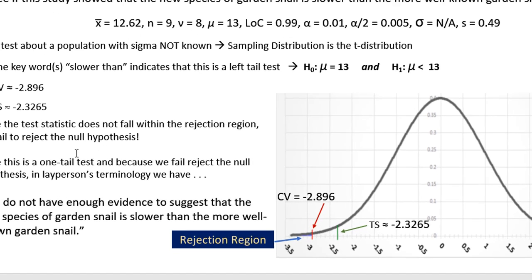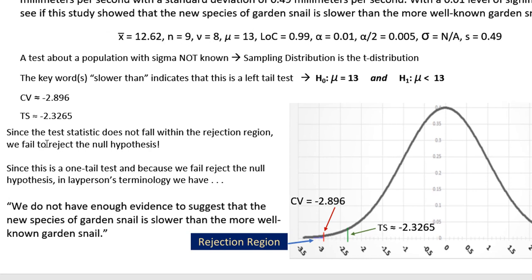We conclude that since the test statistic does not fall within the rejection region, we must fail to reject the null hypothesis. Since this is a one-tailed test and we failed to reject the null hypothesis, in layperson's terminology we don't have enough evidence to suggest that the new species of garden snail is slower than the more well-known garden snail. And that's the end of this problem, so let's go on to the next problem.